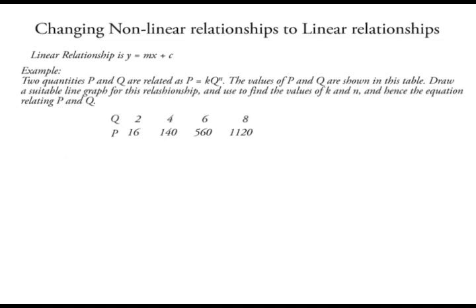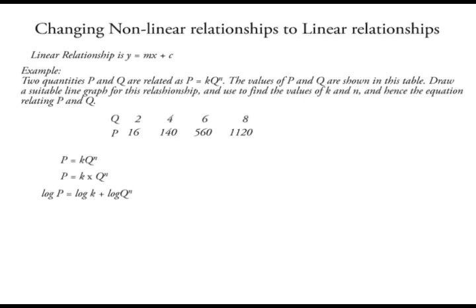This looks much unlike y = mx + c, but we can make it that. Rewrite that p = k times q raised to power n. We take logs on both sides. Remember the rules of logarithms? Multiplication means addition of logarithms. So we have log p = log k + log q^n.